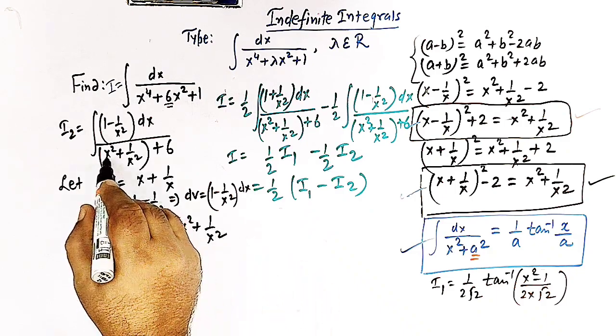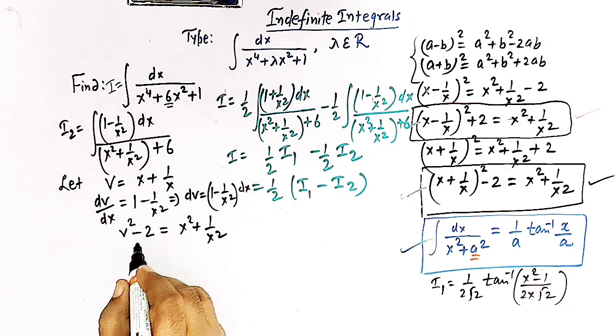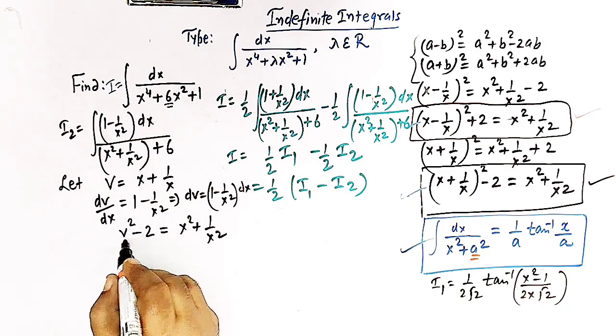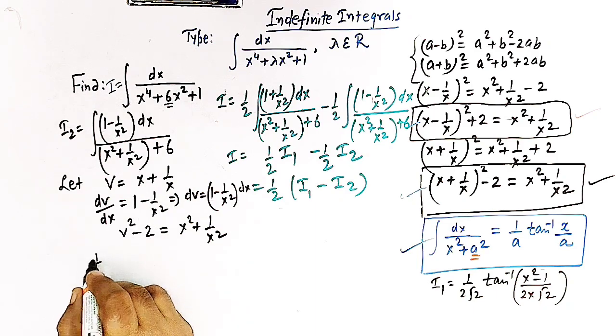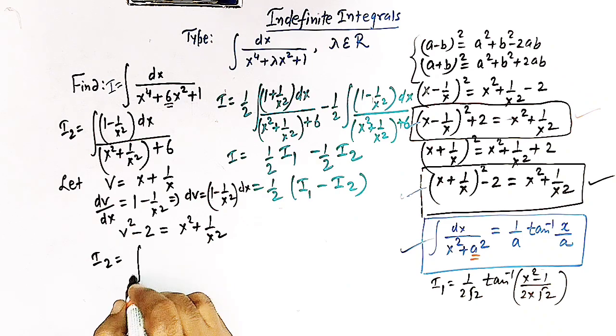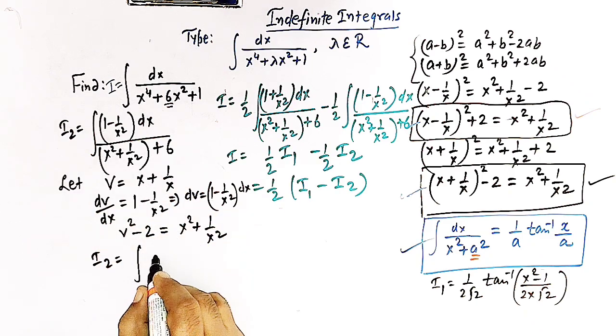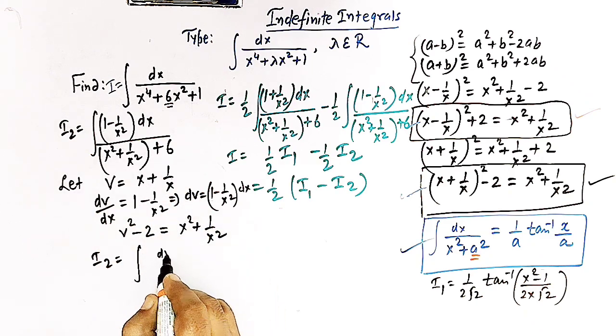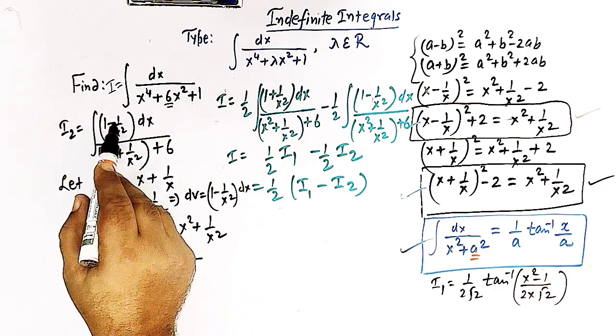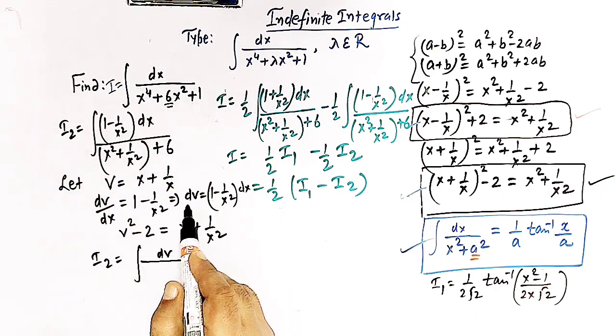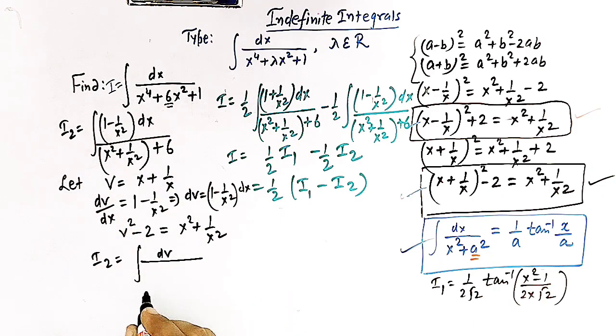So in this case, x² + 1/x² can be replaced by v² − 2. So now I2 takes the form in terms of v, as here we have dv simply for (1 − 1/x²) dx, and in the denominator we can write v² − 2 + 6.